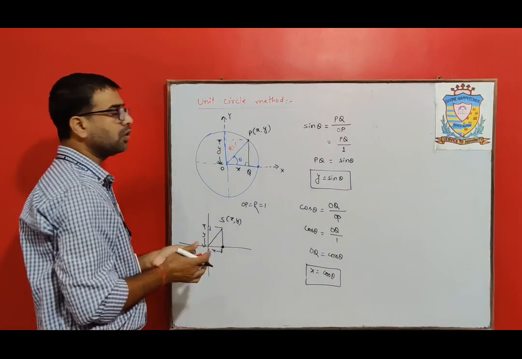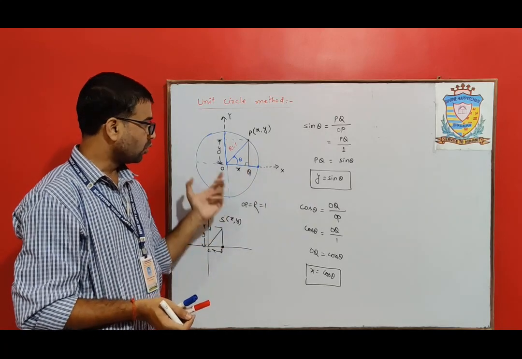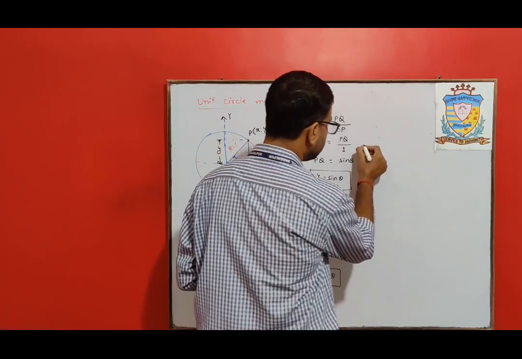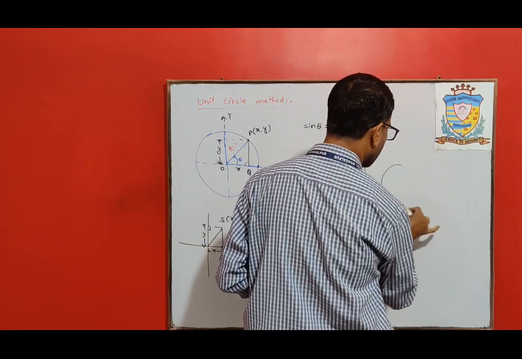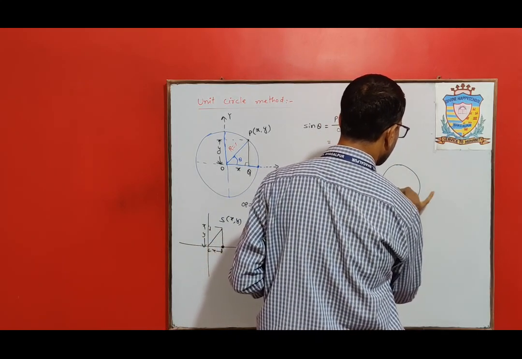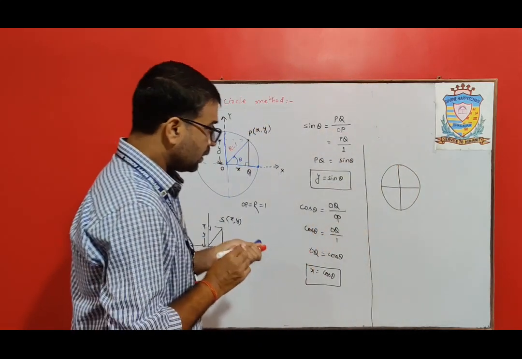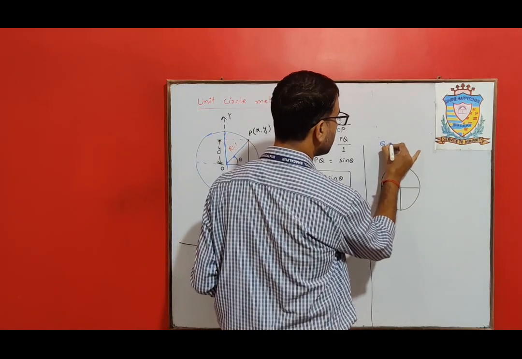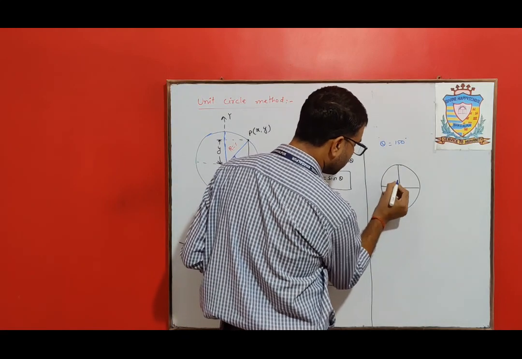So if we have to calculate the coordinate of any point on this circle, we can calculate it using the unit circle method. For example, it is given that theta is equal to 150 degree.